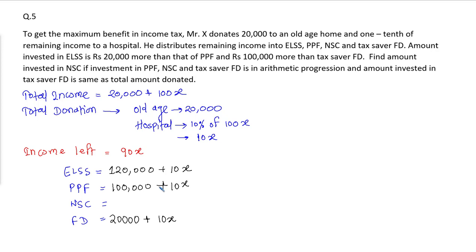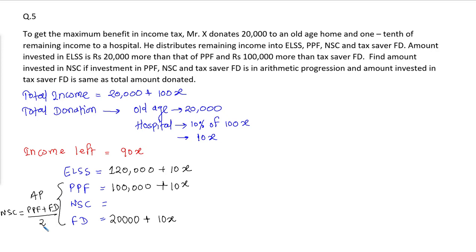Okay, after this, the amount invested in PPF, NSC and tax saver FD represent an arithmetic progression. So if 3 terms are in arithmetic progression, we know that the middle term is equal to the average of the extreme 2 terms.